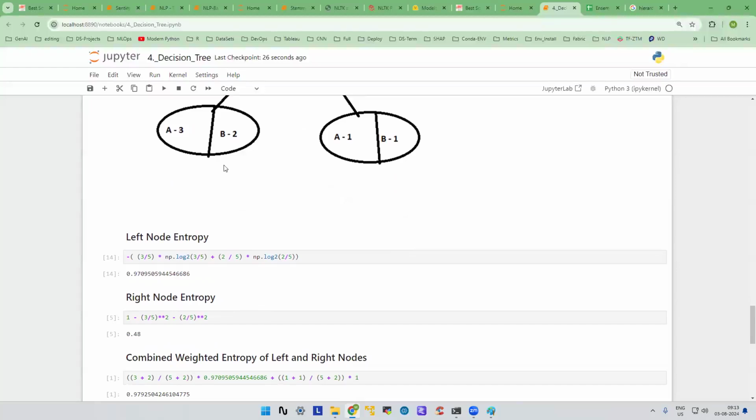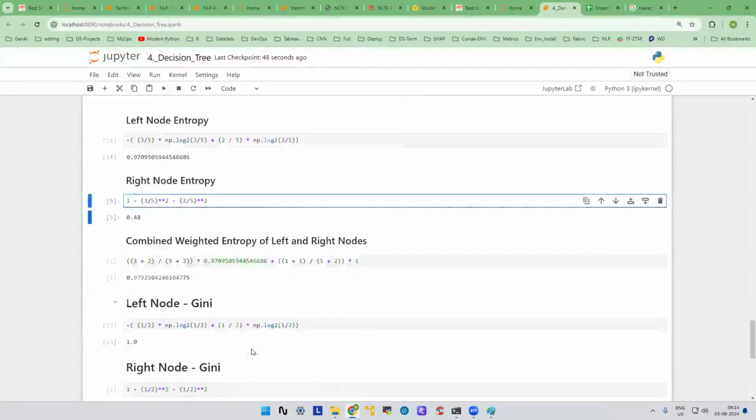Minus 3 by 5 log of 3 by 5, plus 2 by 5, sorry, left node we are calculating, 2 by 5 log of 2 by 5. This is left node. Same way, right node.